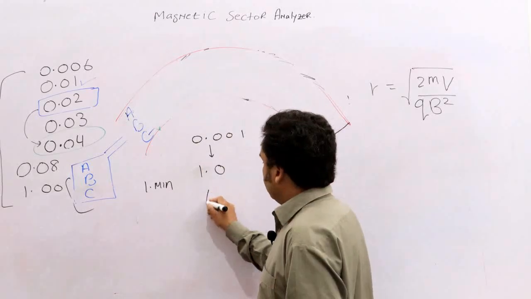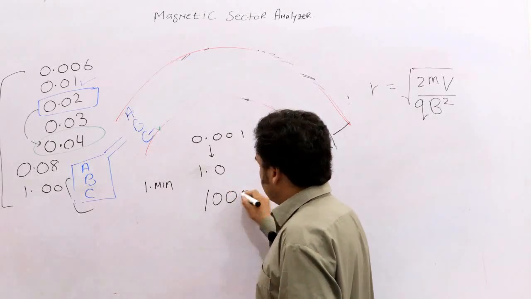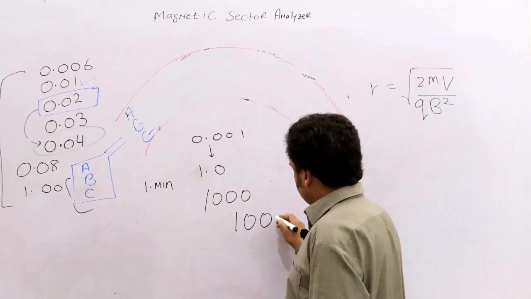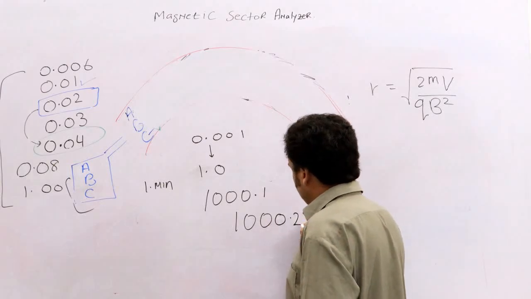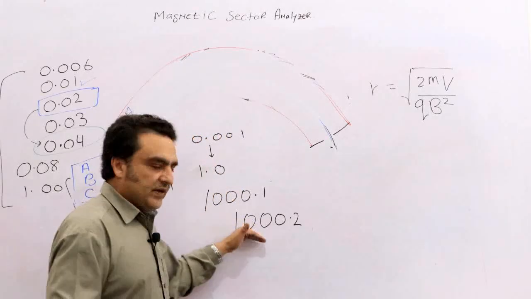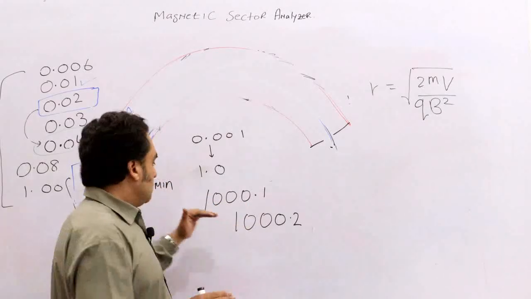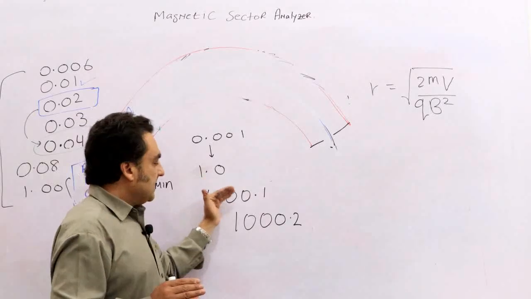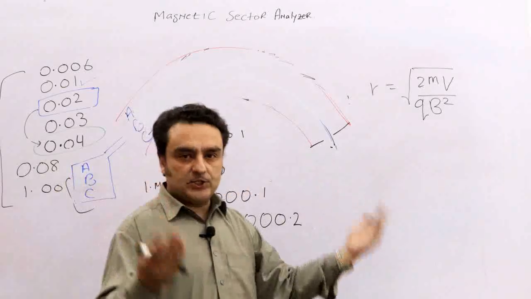Suppose you have a molecule which has 100,000 molecular weight, and the other has, suppose, 1001 and 1000.2. If these are two different molecules, and some machine is able to create such a magnetic field that it can separate both of them, or record the spectrum of both of them, then it is high resolution.